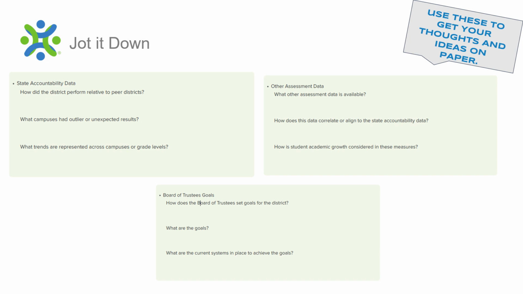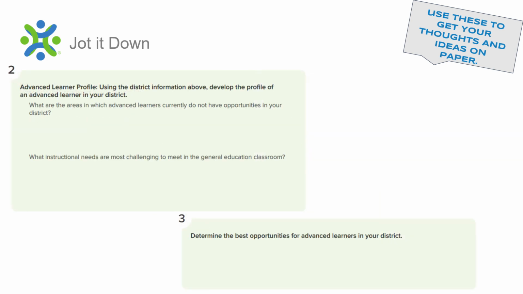And then what has your Board of Trustees determined to be your goals for the district? What are the outcomes that they are monitoring and reporting out to the community? Once you have collected all of this information, you are going to develop your advanced learner profile.